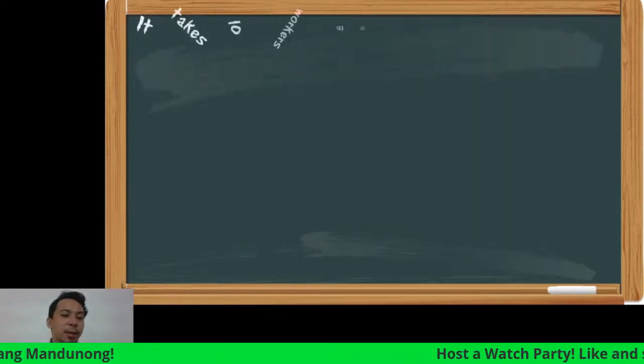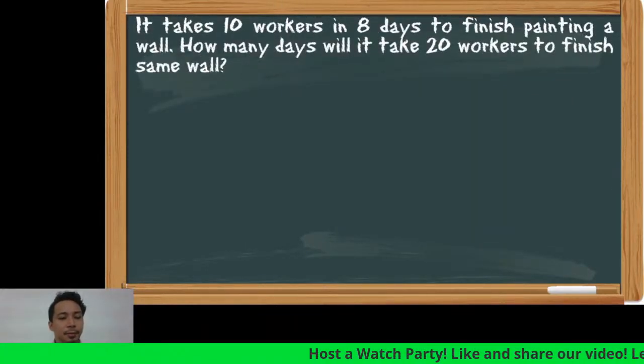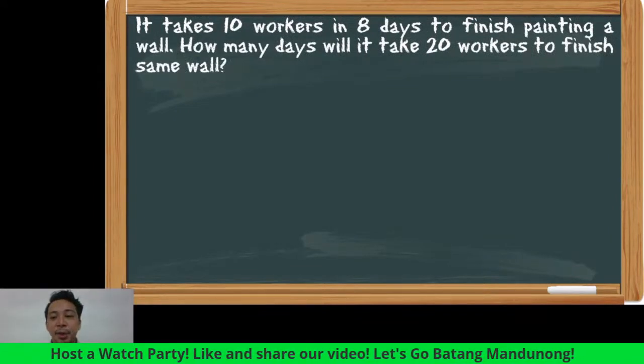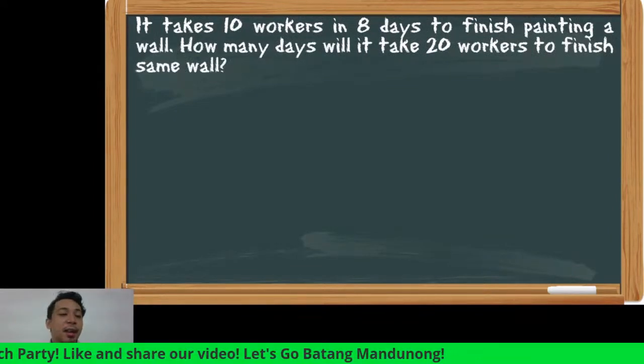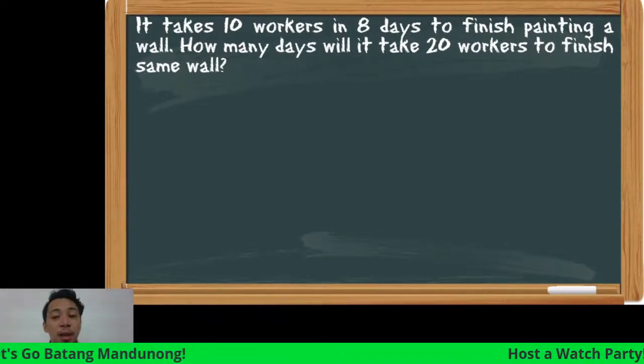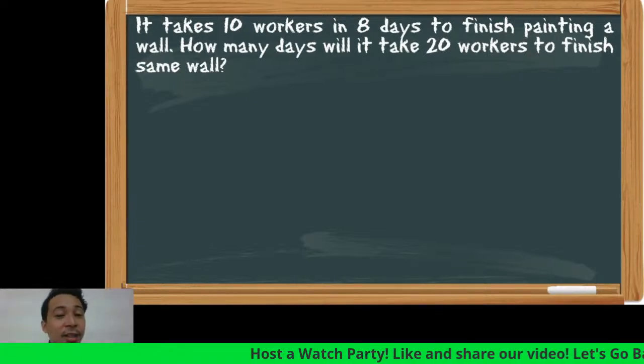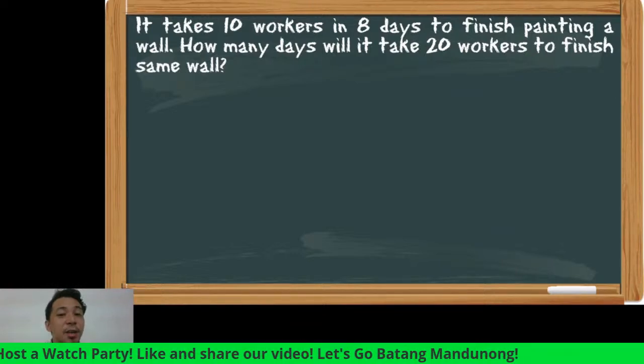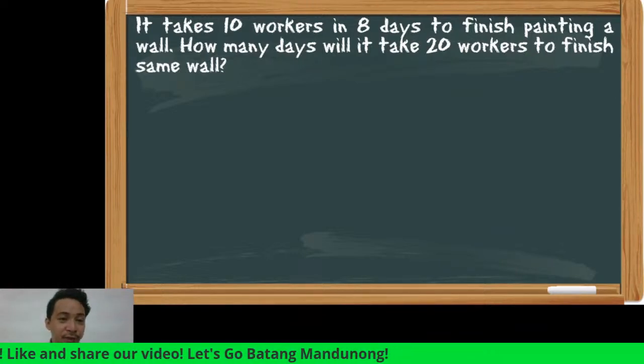Let's have another one. It takes 10 workers 8 days to finish painting a wall. How many days will it take 20 workers to finish the same wall? So this problem shows inverse proportion.